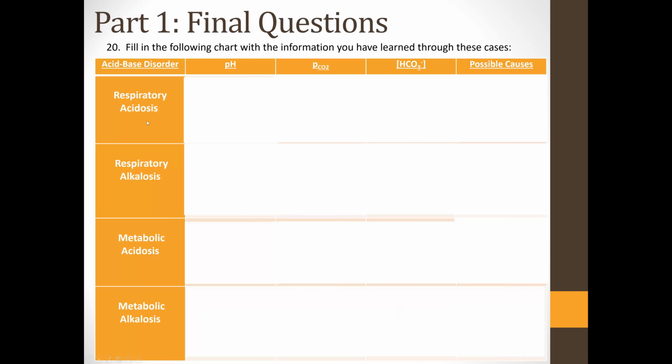So respiratory acidosis. It's acidosis, so we'll have a low pH, less than 7.35. In respiratory conditions, the carbon dioxide should always be in the opposite direction as pH, so the carbon dioxide levels will be high, greater than 45 millimeters mercury.